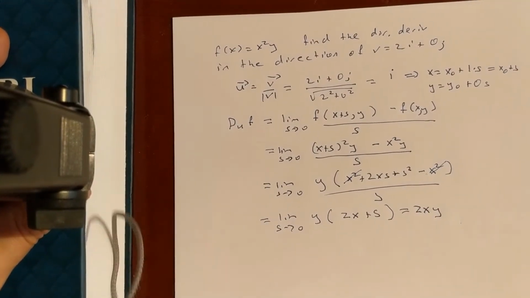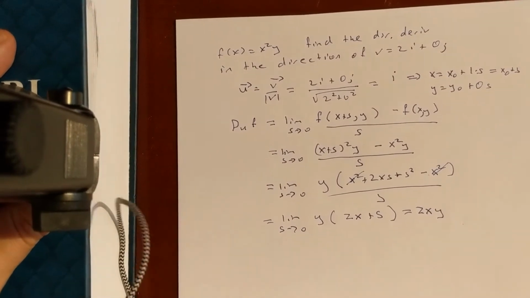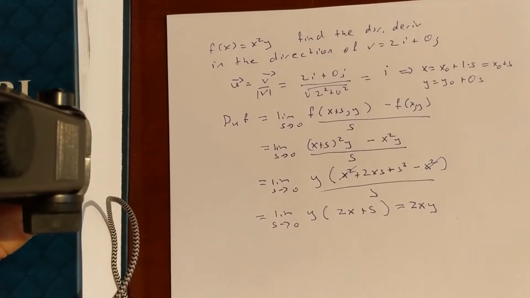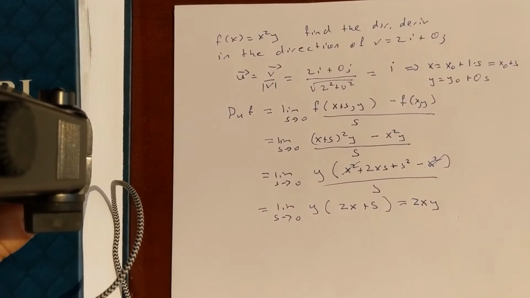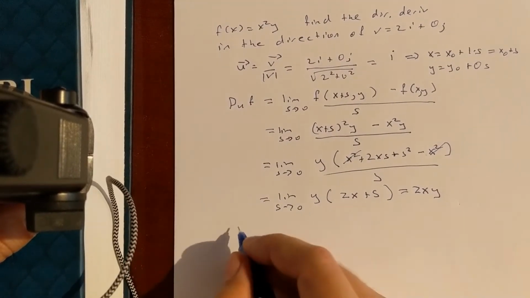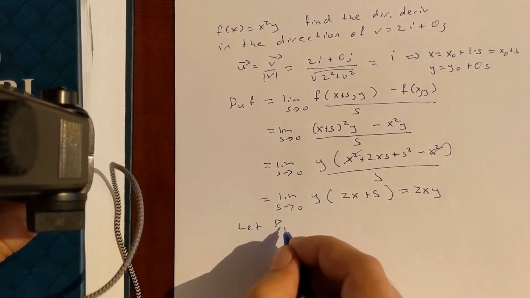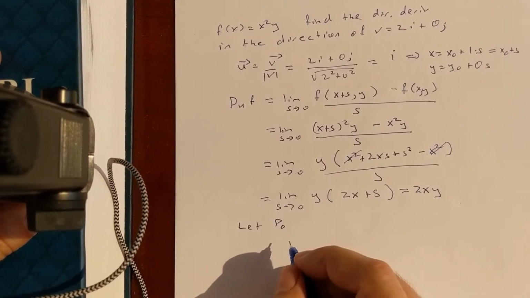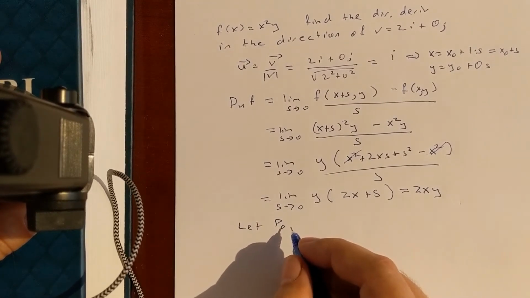So we have 2xy. This gives you a general formula for the directional derivative in the direction of that vector. If we wanted to, let p naught be any old point. Let's pick (1, 3).